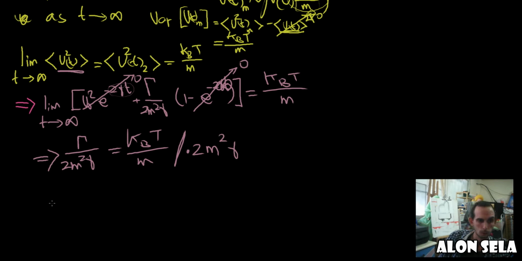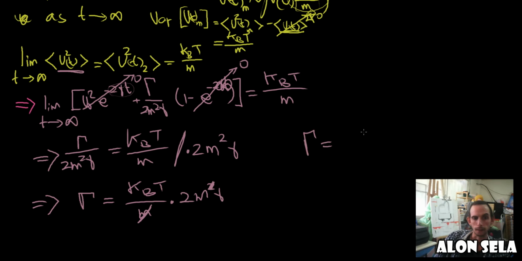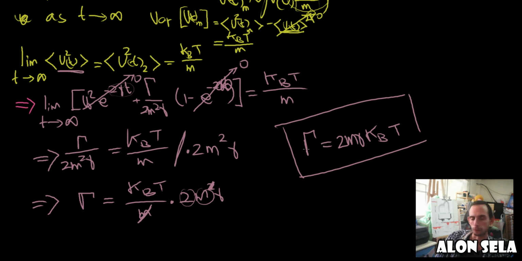So we will be left with gamma equal to k Boltzmann T over m times 2 m squared gamma, and this will cancel with one of these, so we are left with gamma equal to 2m gamma k Boltzmann T. So this is the expression for gamma.